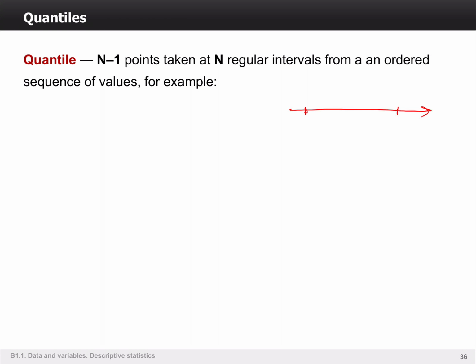If we want to split it into 2 equal portions, so we have 3 values in the left part and 3 values in the right part, we need only 1 value here. So that's the way to split our interval into 2 equal portions. If we want to split it into 3 equal portions, then we need to take this part and this part, right? So we have 2 values here, 2 values here, 2 values here.